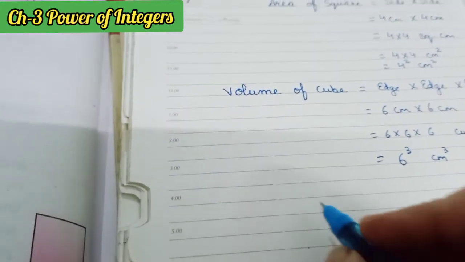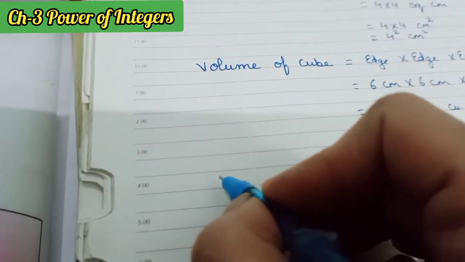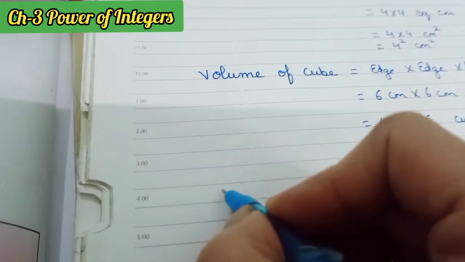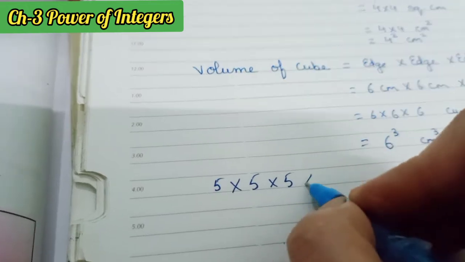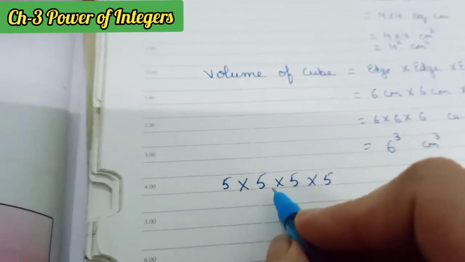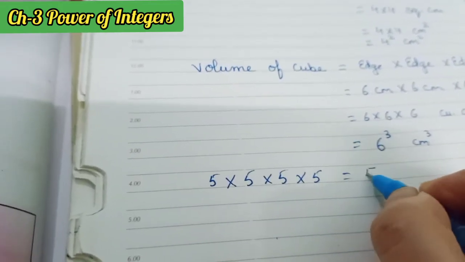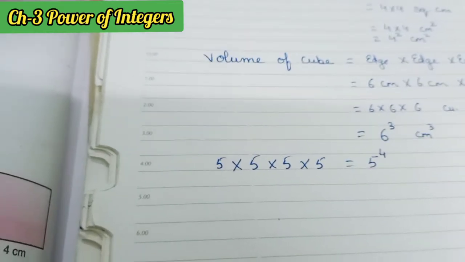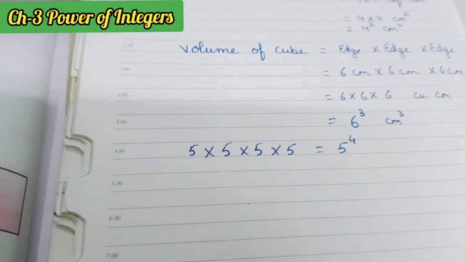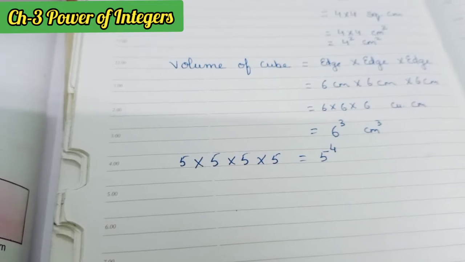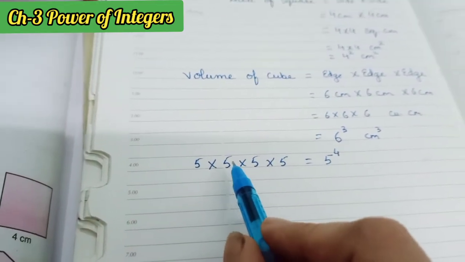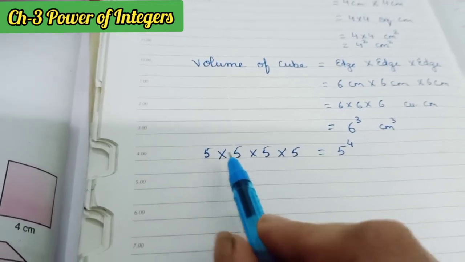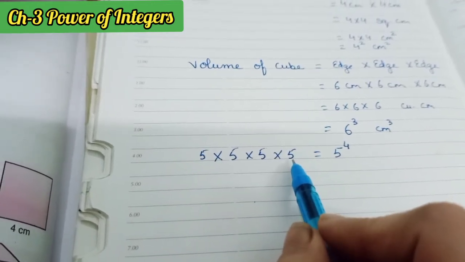So similarly, if 5 multiply 5 multiply 5 multiply 5 is written, so 5 is 4 times, so we will write 5 to the power 4. This means that 5 is multiplied by itself 4 times.